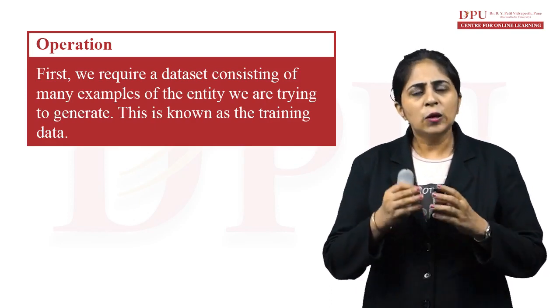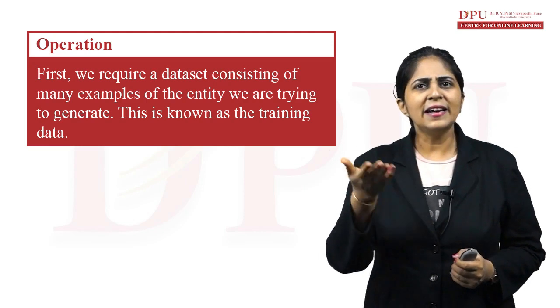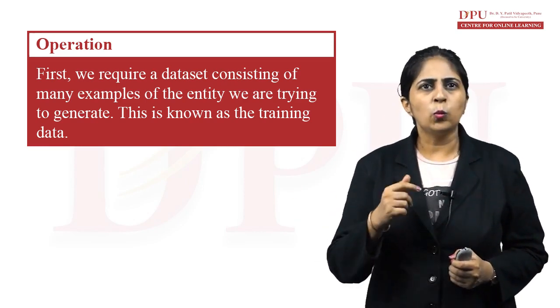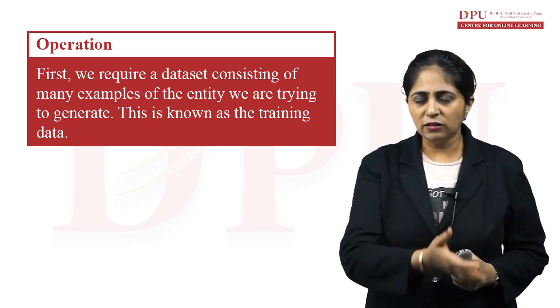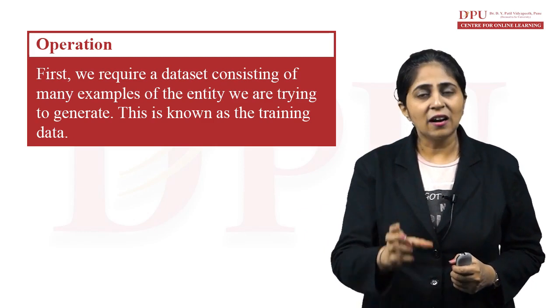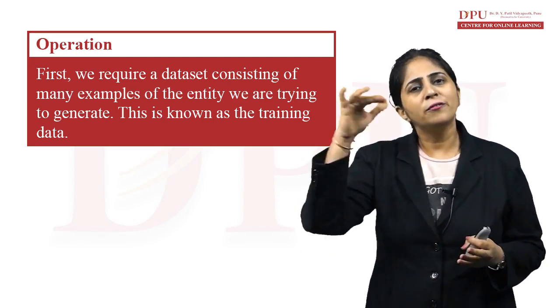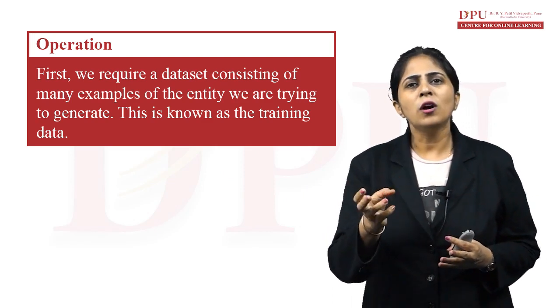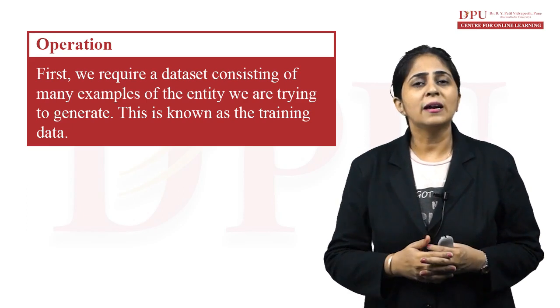First, we require a data set which consists of many examples of the entity we are trying to generate. Suppose we are trying to generate a new image of a horse. We want a training set, a data set, which consists of examples of that entity. Entity is a particular thing which we are talking about.